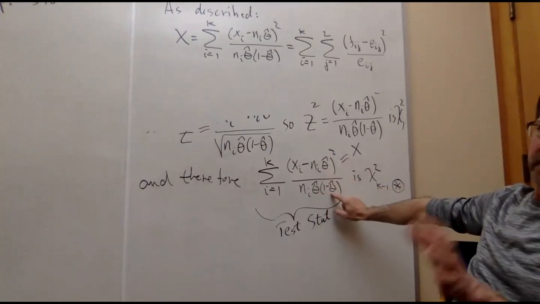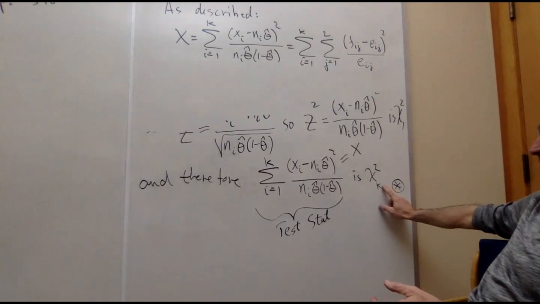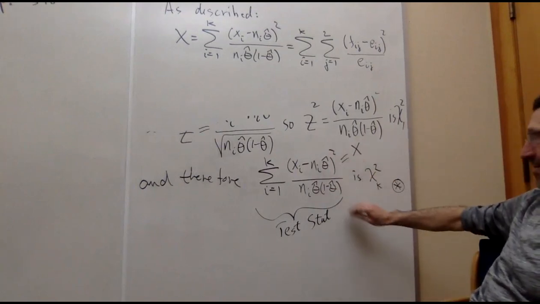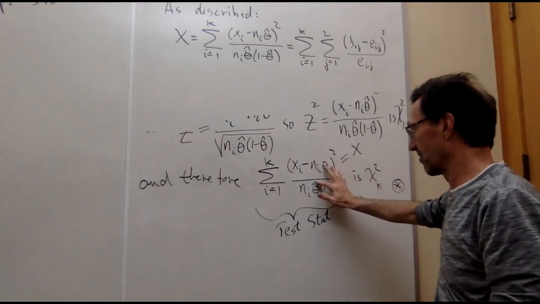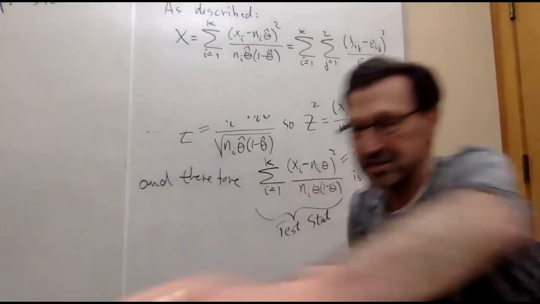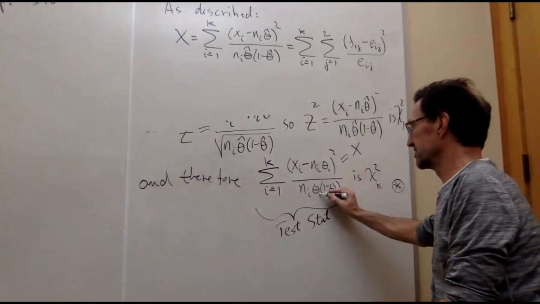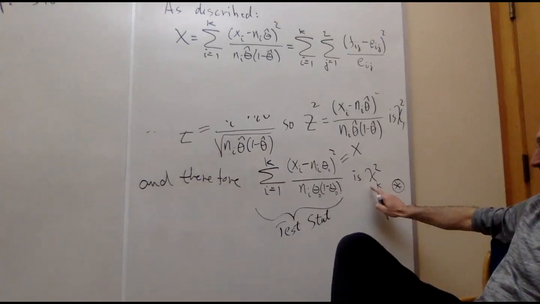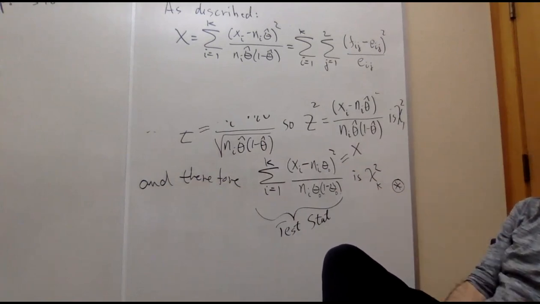Now we're not using an estimate in place of a parameter, so our degrees of freedom would be the number of chi-squares we're adding up. Let me show you the formula. Everything is contained right here. If we have a theta 0, we're just going to use that pre-specified value, and we're going to compare it to chi-squared sub k. That's the only difference.